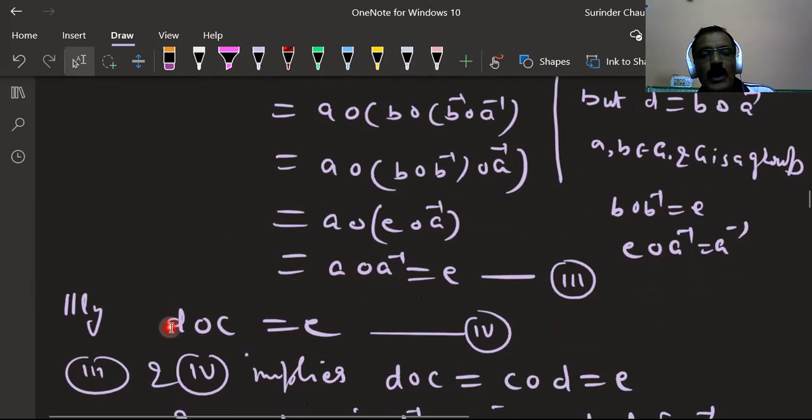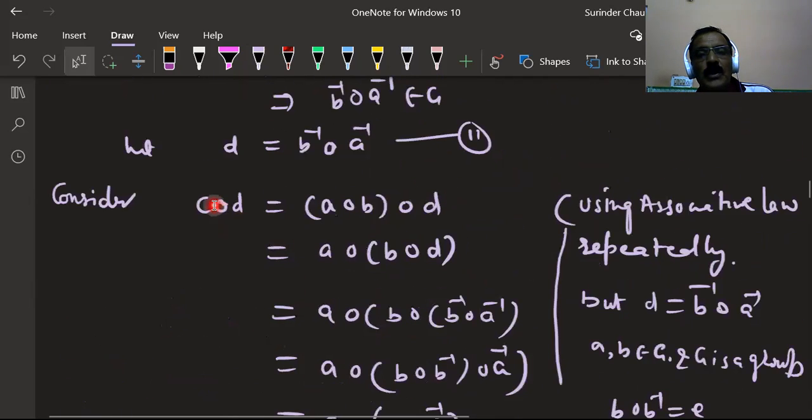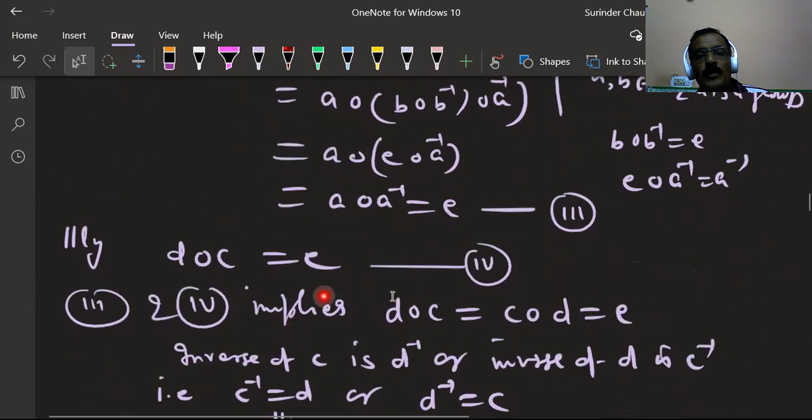Similarly, we can prove d composition c is equal to E. Substituting d and c here, and applying the same associative law, you can prove it.